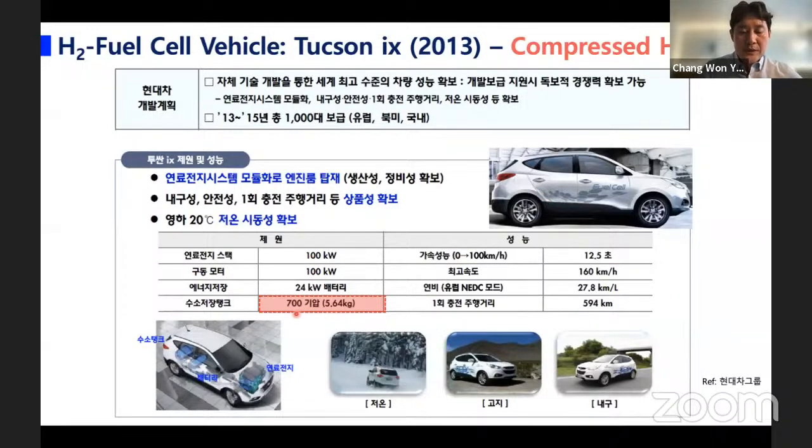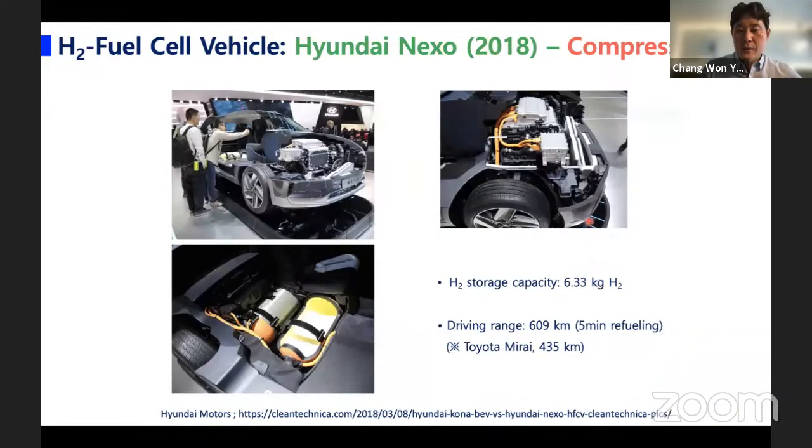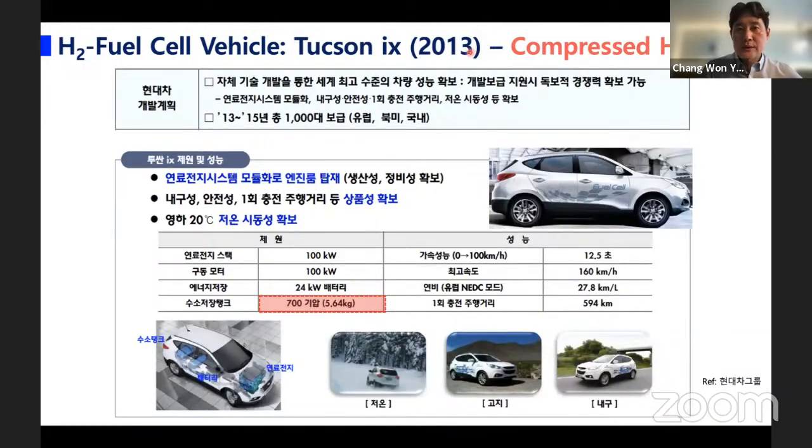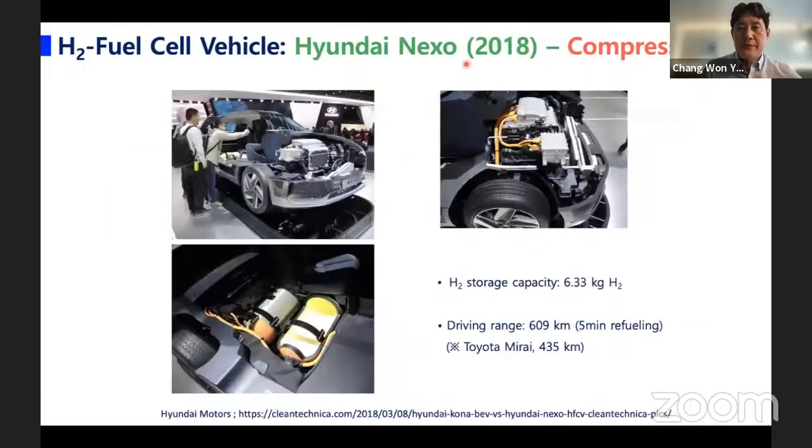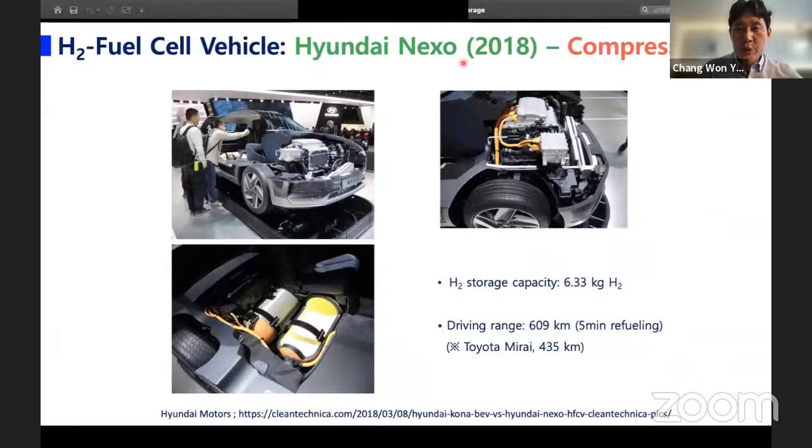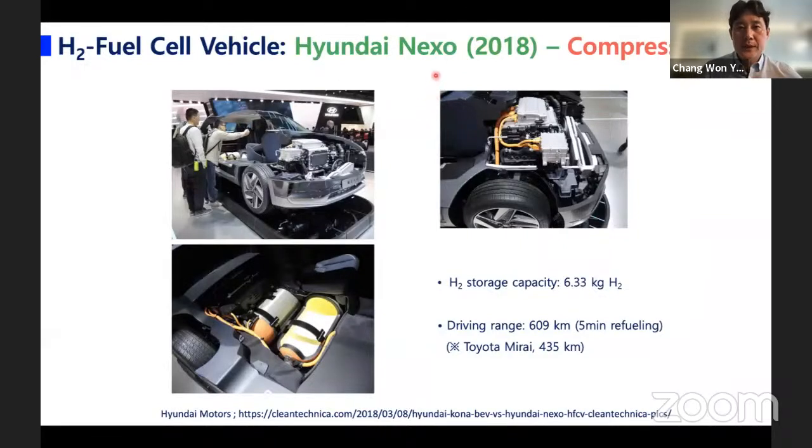The 700 bar tank can contain about 5.6 kilograms of hydrogen, and the driving range is nearly 600 kilometers. Hyundai Motors developed this technology in 2013. After 5 years, Hyundai renewed this fuel cell vehicle, and the model name is the Nexo.